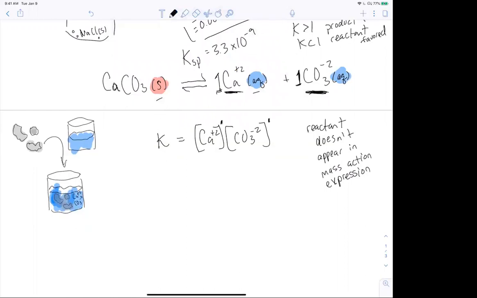So if we look at something else, my solubility chart. Oh, I know a good one. Let's say we're looking at iron phosphate. So iron has 2 forms, iron 2 and iron 3. Iron 2 is much less common because it oxidizes readily in the presence of oxygen.